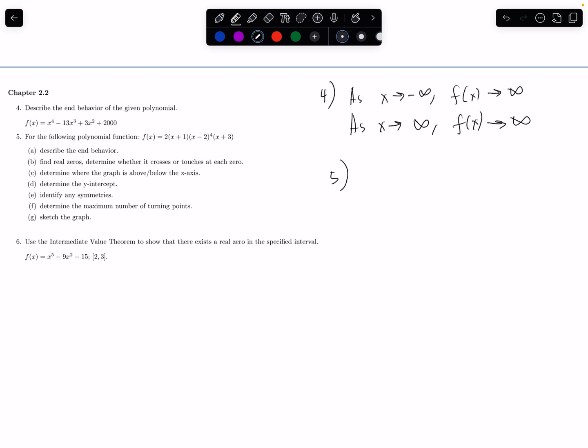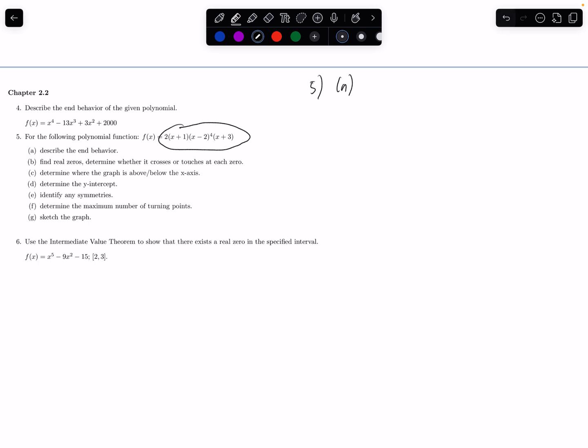Okay, number 5. For the following polynomial function, describe the end behavior, find the zeros, which are easy. Let's just do the steps one by one. Let's get rid of this so I have more space. So 5, part A, end behavior. Similar to the previous question, except this time it's harder to see off the bat.